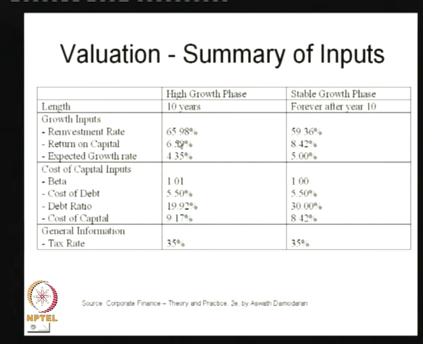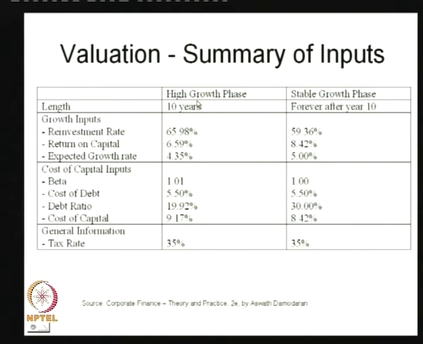Then you have the expected growth rate, which is the reinvestment rate multiplied by the return on capital of 6.59%, that gives us 4.35% expected growth in the high growth phase. Then you have a stable growth phase. So, this is a two stage model, one is a high growth phase, then you have a stable growth phase.